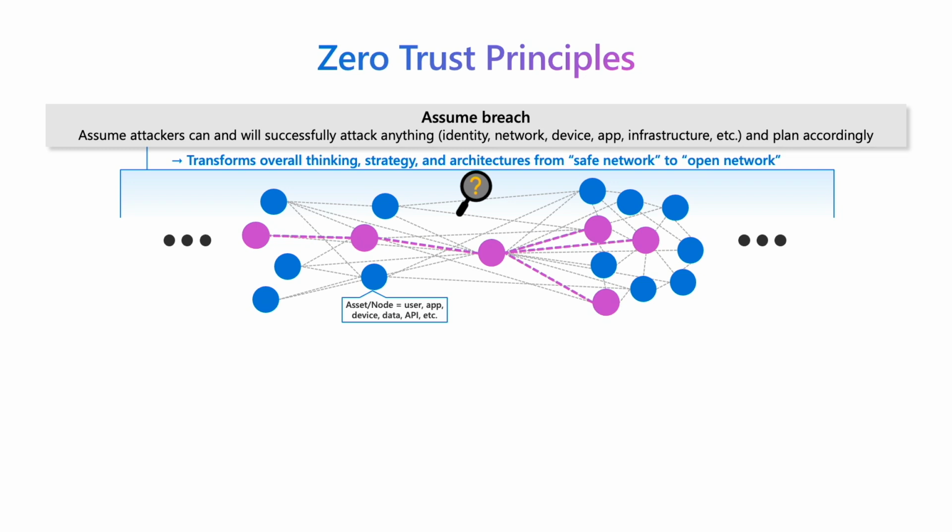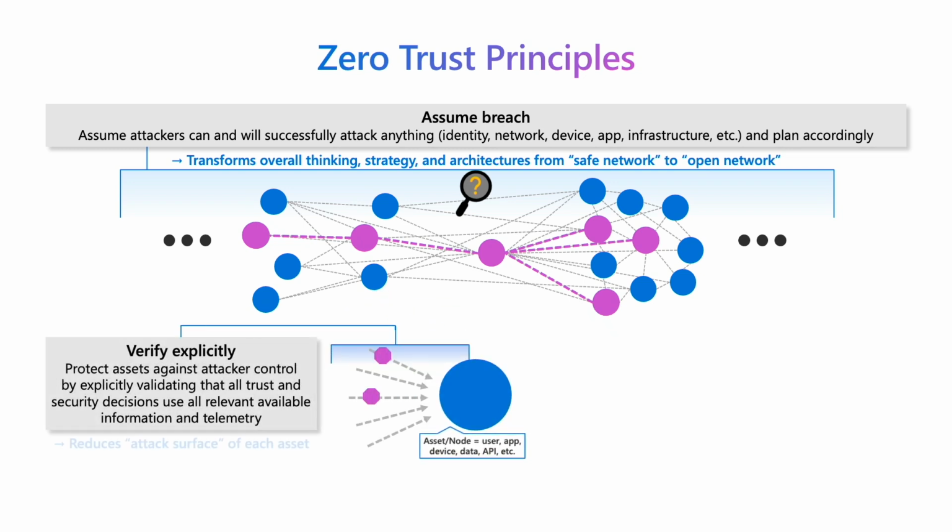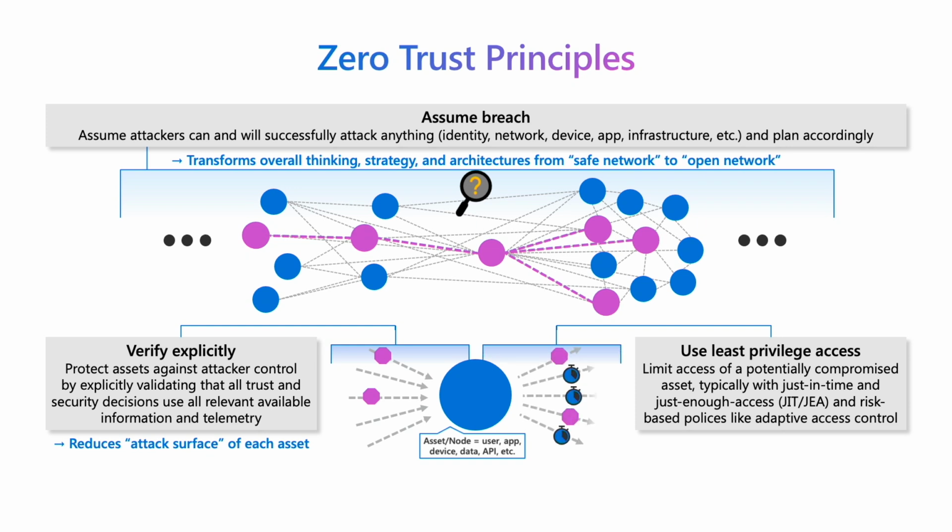So it really is a mindset shift. Whereas verify explicitly focuses heavily on the attack surface to protect any given thing against attack. And least privilege is about if that does get compromised, how do we limit the blast radius, limit by time, limit by permissions of what can be accessed with that application, with that account, with that endpoint.